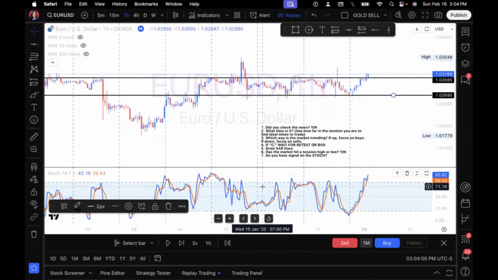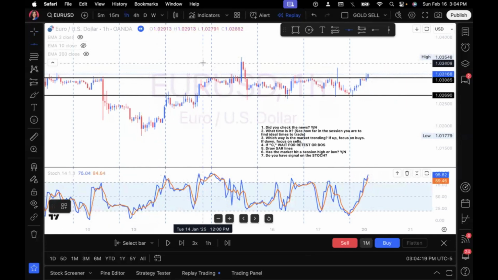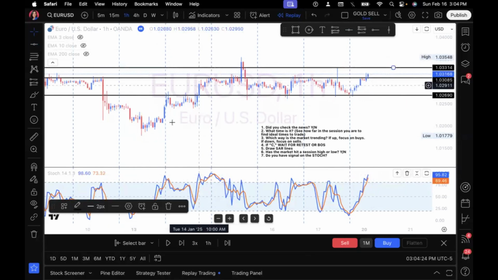Now, after you've gone through your checklist and you have determined if you want to buy or sell, the next thing that you need to understand is where you are setting your stop loss and where you are setting your take profit. Now, your take profit, if you're going to be using one, is going to be at a previous high, right? So we can use this high as a potential take profit.